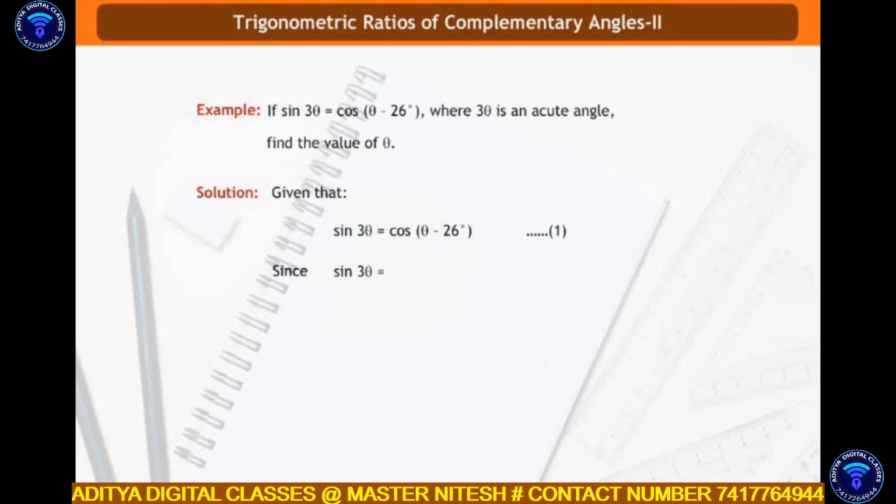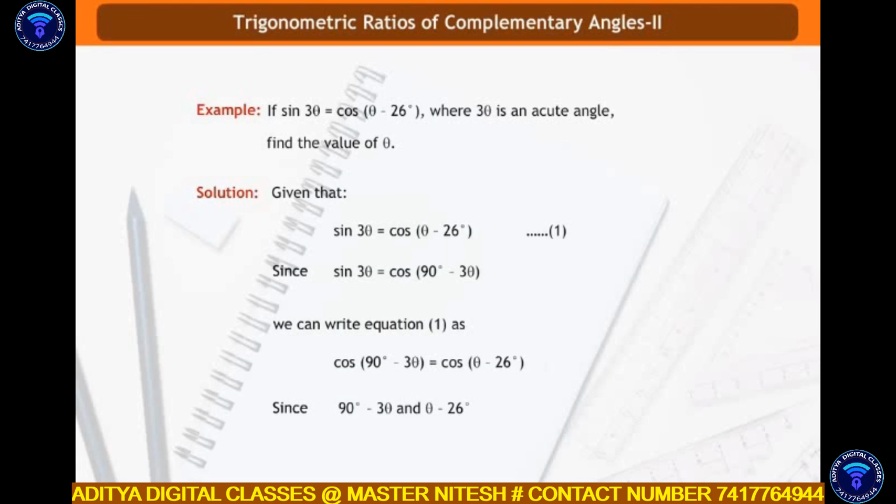Since sin 3 theta is equal to cos 90 degree minus 3 theta, we can write equation 1 as cos 90 degree minus 3 theta is equal to cos theta minus 26 degree. Since 90 degree minus 3 theta and theta minus 26 degree are both acute angles, therefore 90 degree minus 3 theta is equal to theta minus 26 degree, which gives theta is equal to 29 degree.